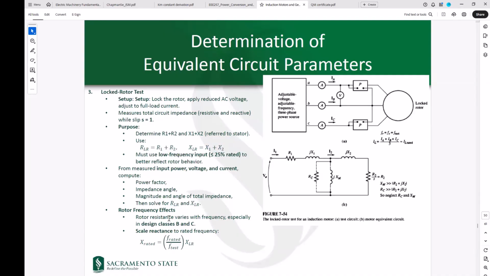And then, since the rotor resistance varies with frequency, especially in design classes B and C, we need to pay attention to that, and also scale reactance to rated frequency. So this is the testing condition in the frequency. This is the rated condition. X-rated would be XLR times this value.